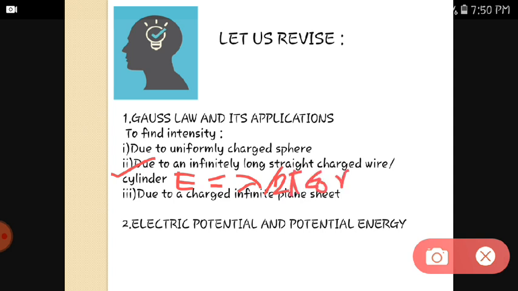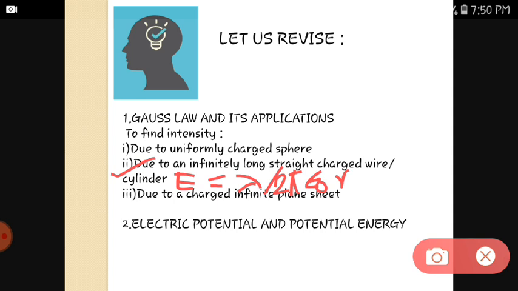From both of these, what we have concluded is that in case of an infinitely long straight conductor, we have considered the linear charge density, and in case of a uniformly charged sphere, we have considered the charge density per unit area. So we have denoted, in the first case it was sigma, and in the second case it was lambda, because it was linear in the second case.